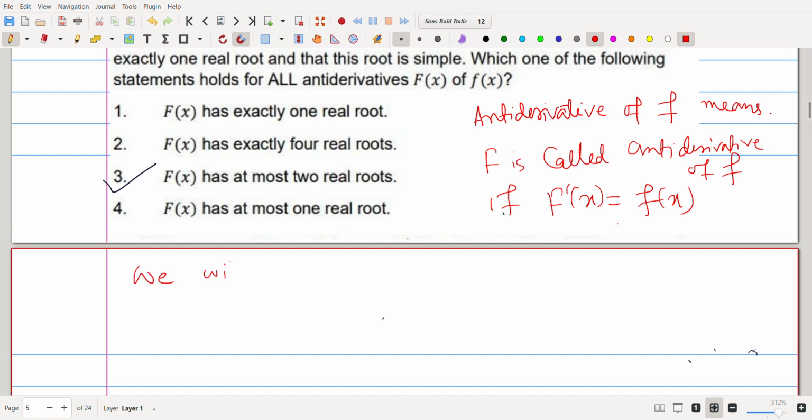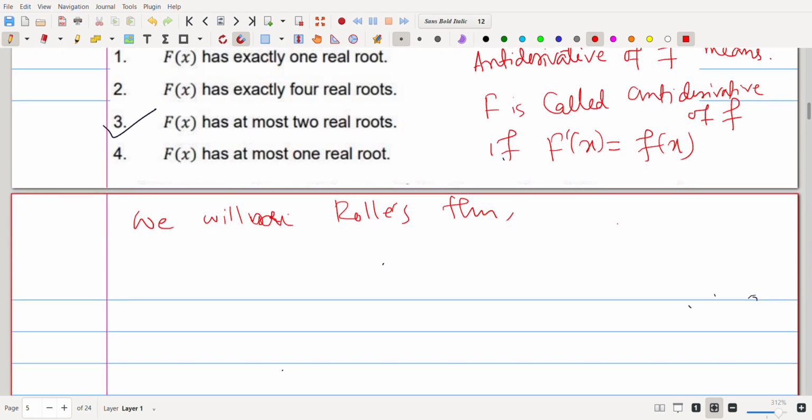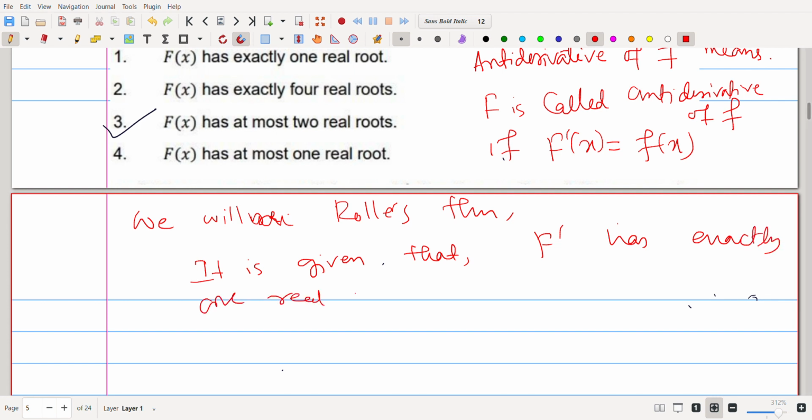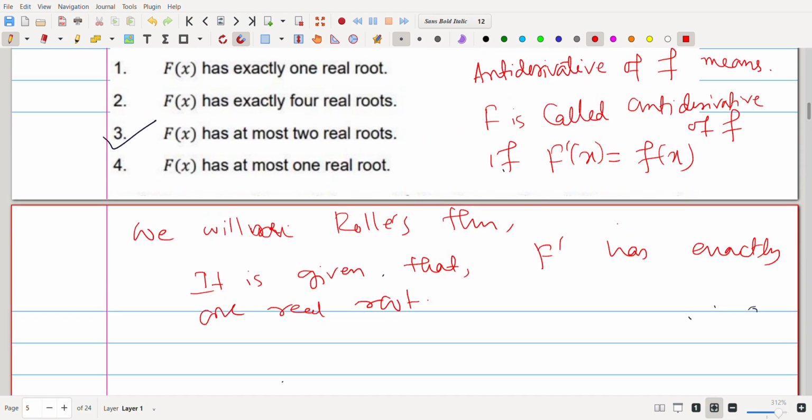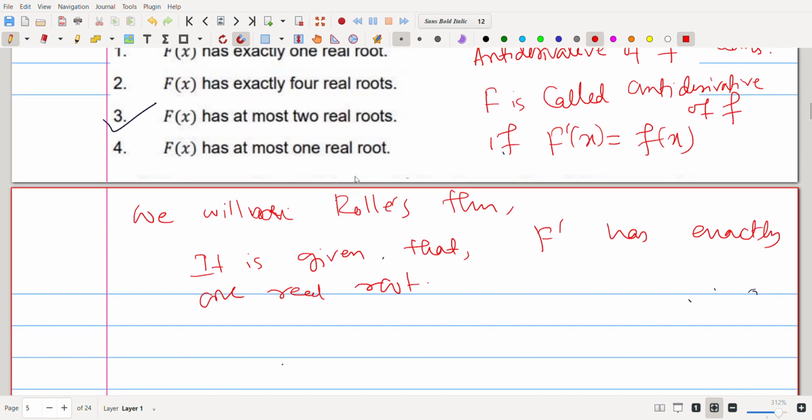Now we'll use Rolle's theorem. So see, it is given that capital F prime has exactly one real root, and the options ask how many roots can capital F have, right?